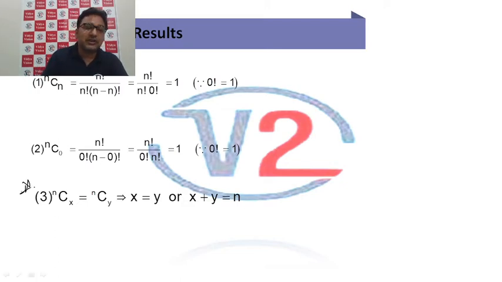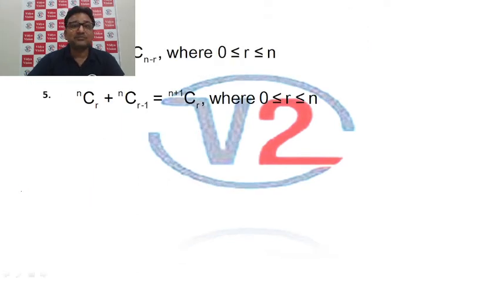You can write this down also: nCx equal to nCy means x equal to y, or x plus y is equal to n. I think you understand. Now nCr is equal to nC(n minus r). This is the formula. Now again nCr is equal to n minus 1 Cr minus 1 plus n minus 1 Cr.